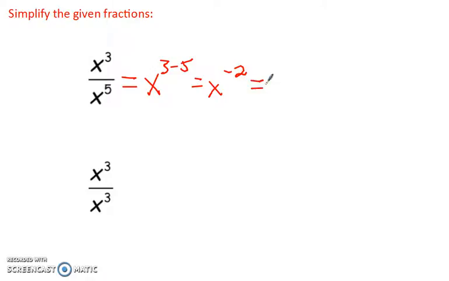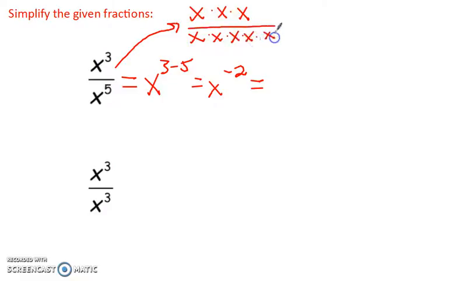Well, if we think about it with our reducing rule, that was X times X times X over 5 of them. Which means, again, I can reduce one at a time, 3 from the top, 3 from the bottom, and that leaves me with X squared in the denominator.